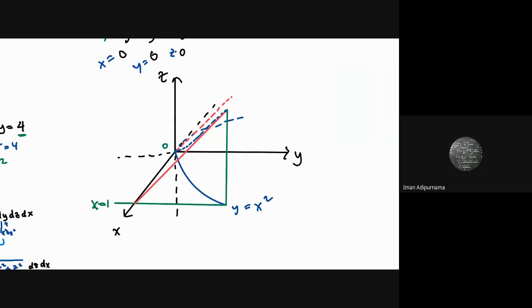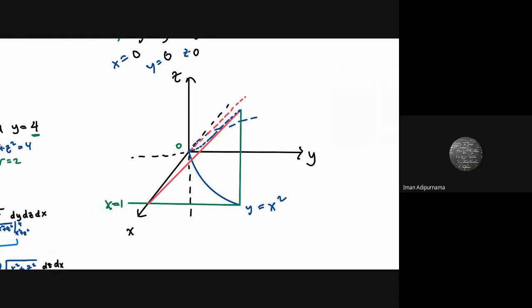Okay, I hope you get how to draw that. Okay. If you're not familiar, you can try to draw this as well.